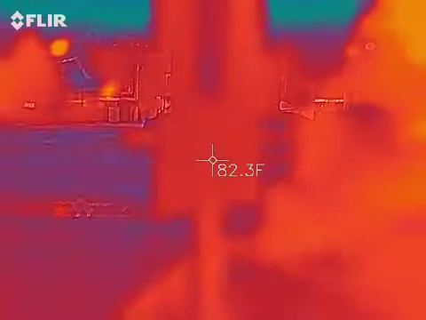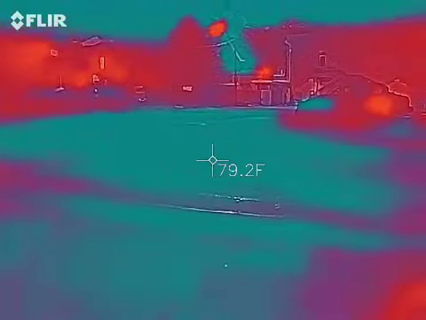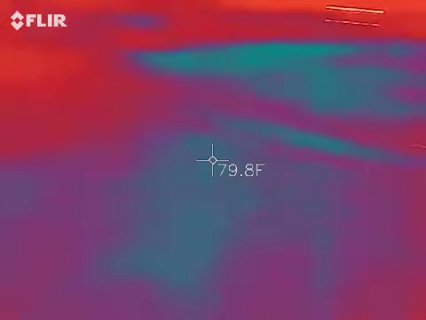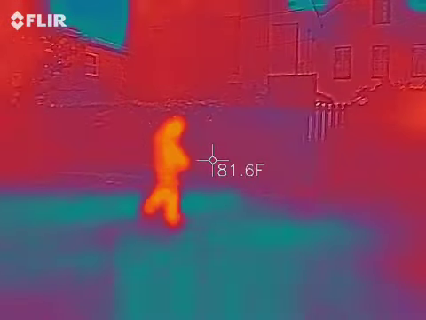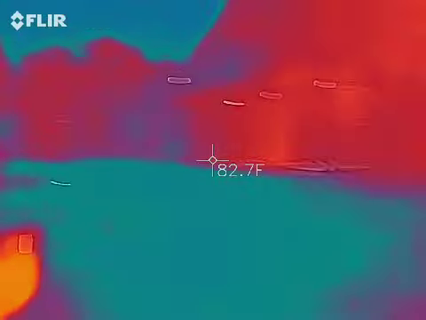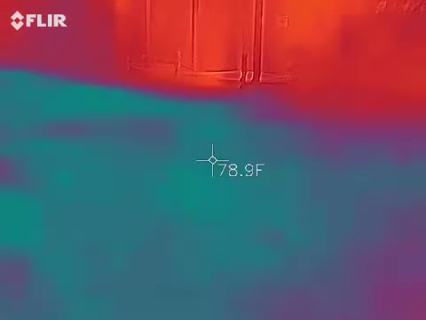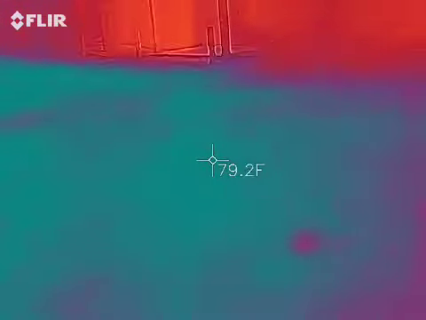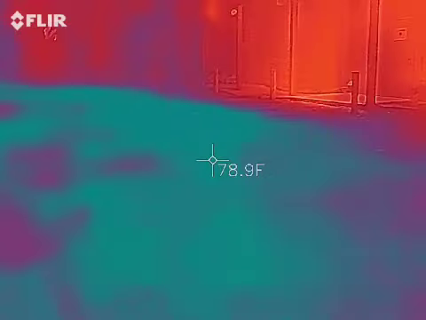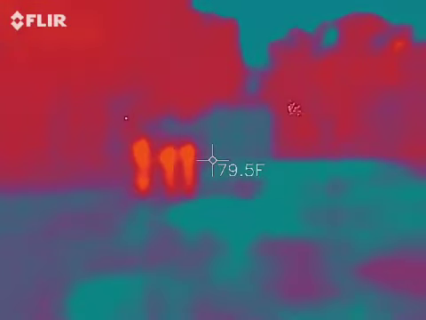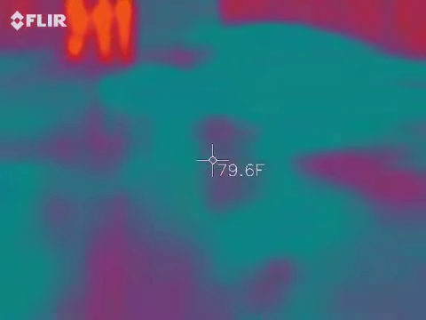Mine's getting hotter. Now it's warmer. It does look kind of weird. 75.7. Anything happening for you? No, I just see them. Instead of blue, when it flashes blue, like if some blue comes through, goes across your field.